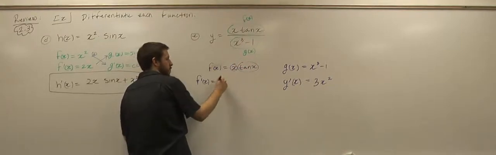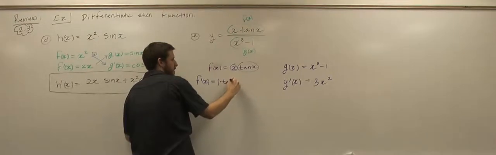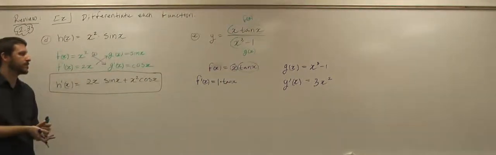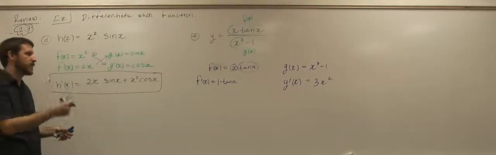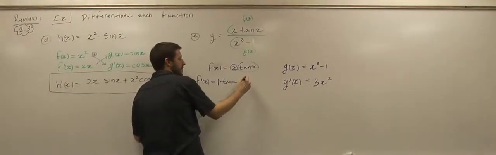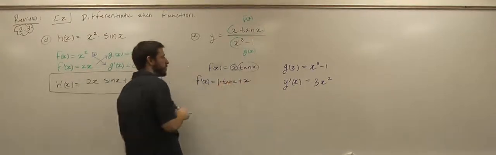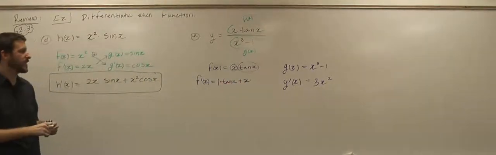So the derivative of x is 1 times the second, tan x. And then you reverse it. You add, but you keep the first one the same, x, and you times by the derivative of tangent, the derivative of the second.